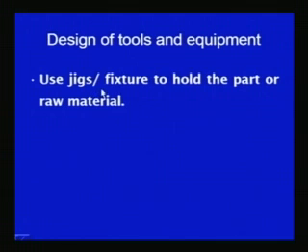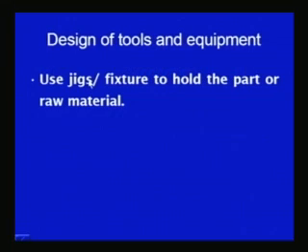Fixtures reduce the time required to hold the workpiece in proper position, and they also reduce the effort required for holding the workpiece, while the use of jigs reduces the time and effort required for holding the workpiece and also guiding the tool to the proper position where it is required.